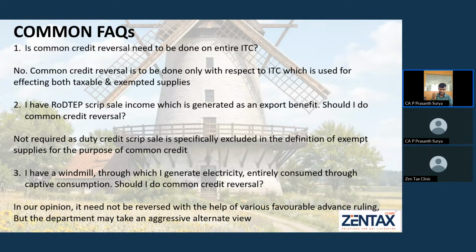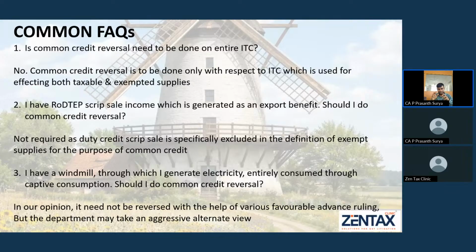But in many cases, our team has successfully explained to the officer why common credit reversal logically will not come in this scenario. If we accept common credit reversal for that, then we are also accepting the ITC reversal for the windmill parks, any AMC with respect to the windmill, or the purchase of the windmill; for that also you cannot claim ITC.